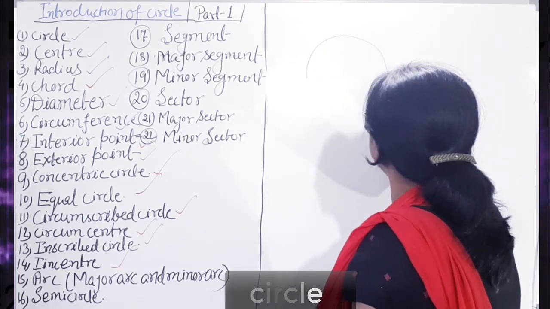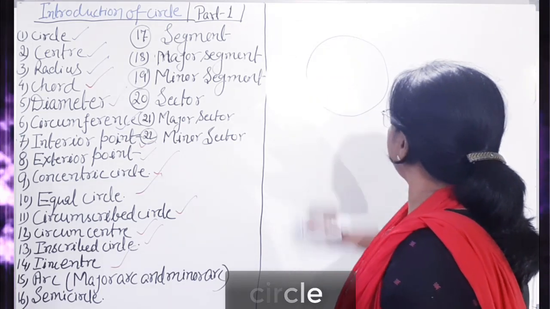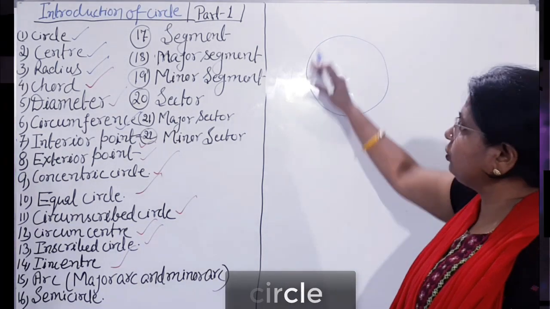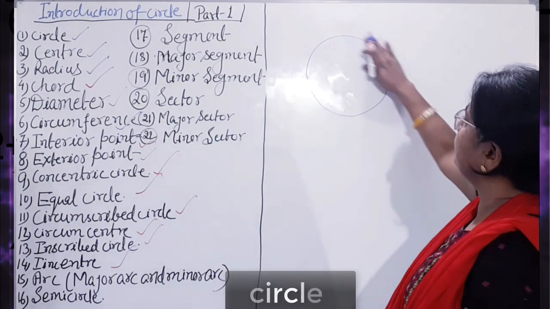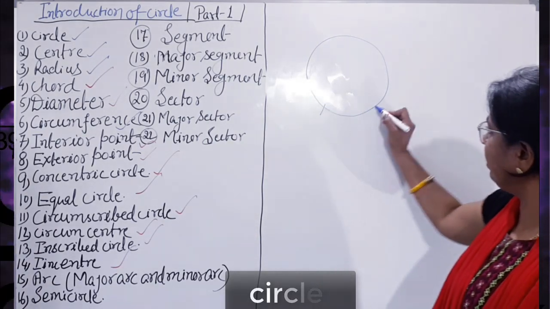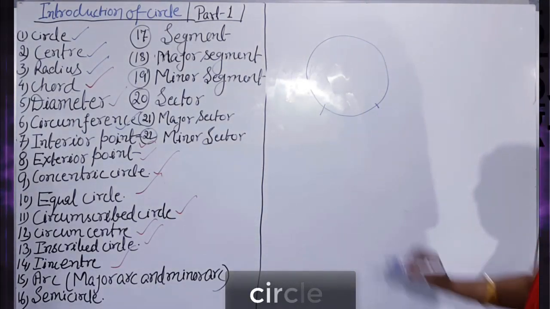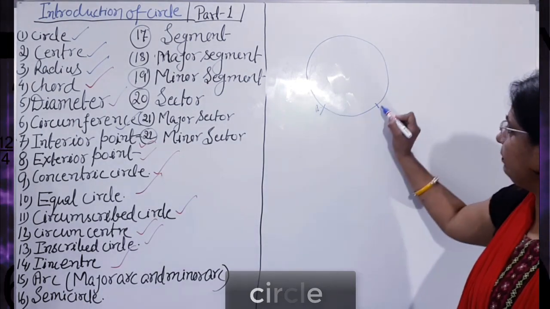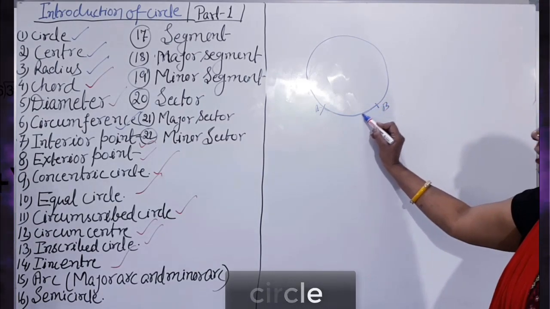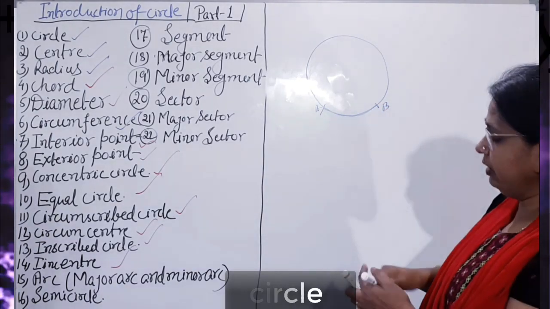Suppose I am drawing one circle. The whole boundary of the circle is the circumference, and a part of the circumference, just like this one, AB, is called an arc.